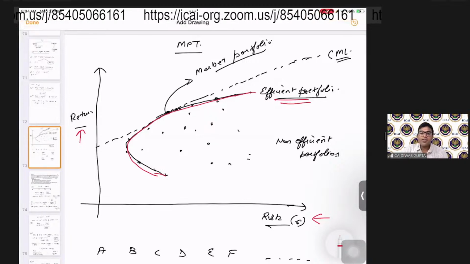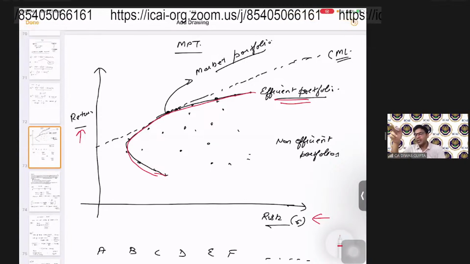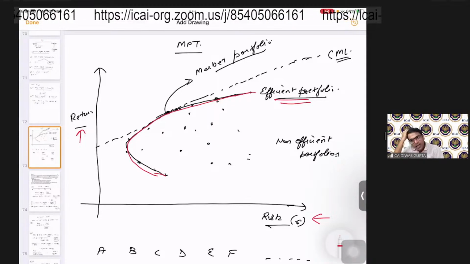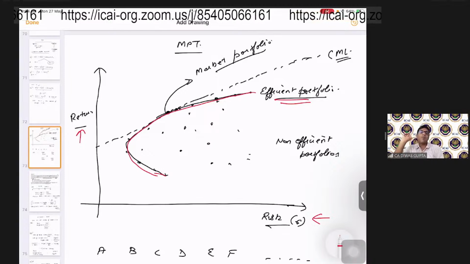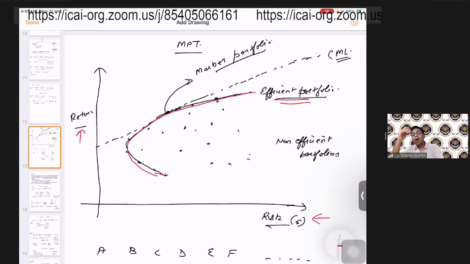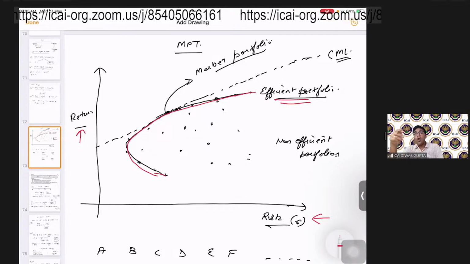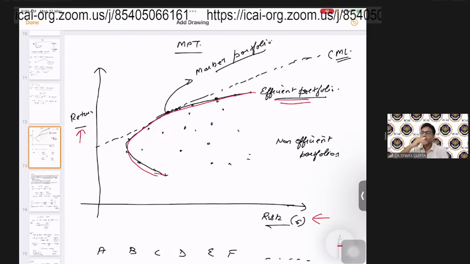Why do we call this an efficient portfolio? Because any portfolio you take on this line or on this frontier will have the highest return and lowest risk combination. No other portfolio will give you a higher return for the same risk, or a same return for a lower risk.